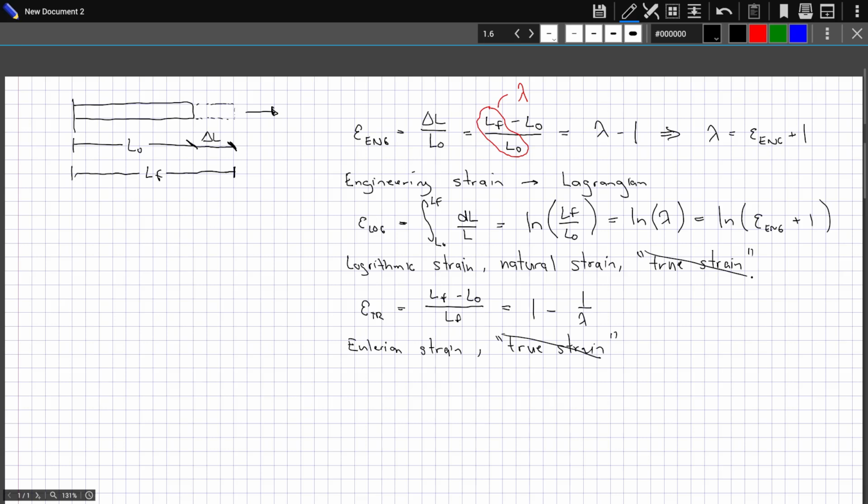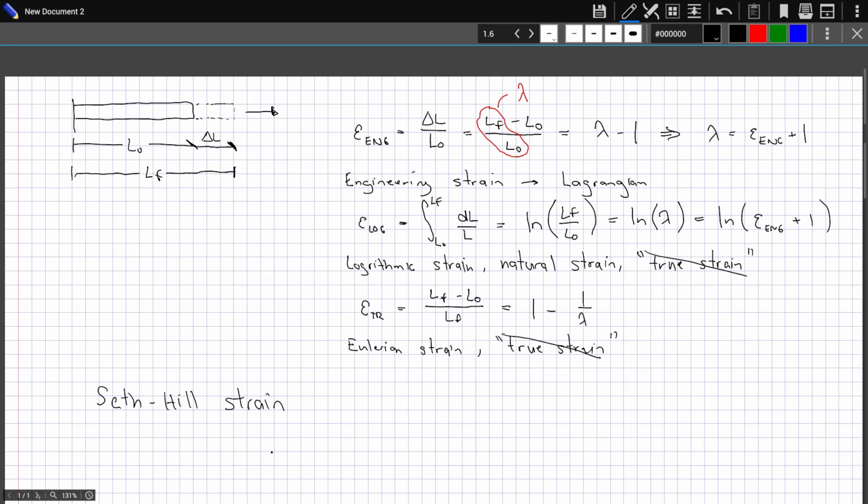Because of that, there's a way to write these more compactly. These are called Seth Hill strain.